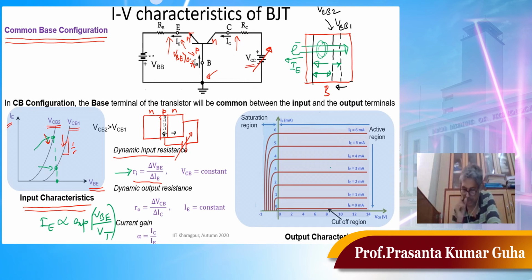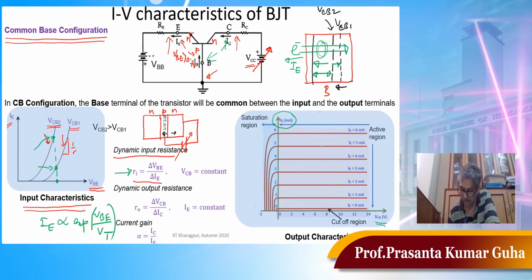What about the output characteristics? The output characteristic looks like this. Here we are plotting IC, that is the collector current, versus VCB. So these are the two variables at the output side, collector current and collector base voltage, VCB here.